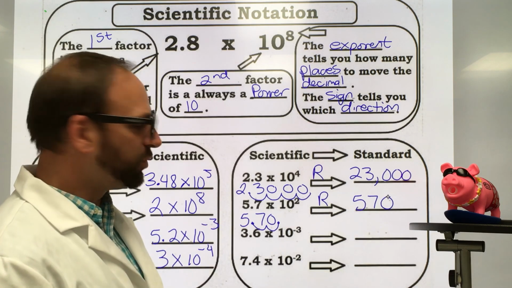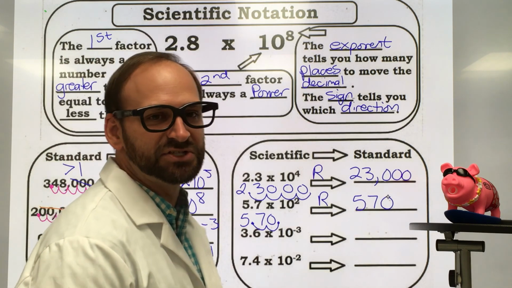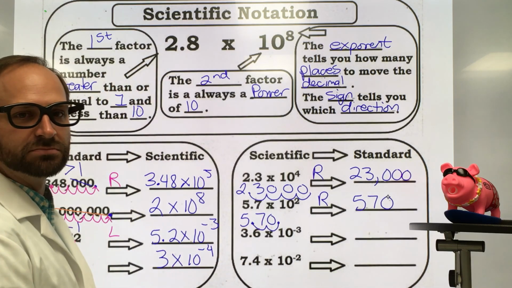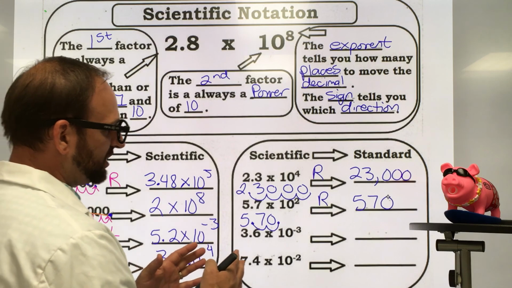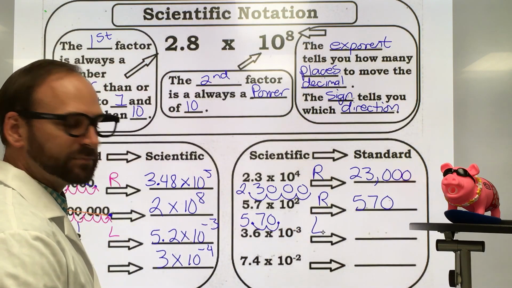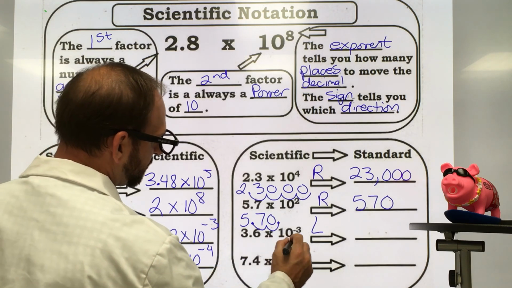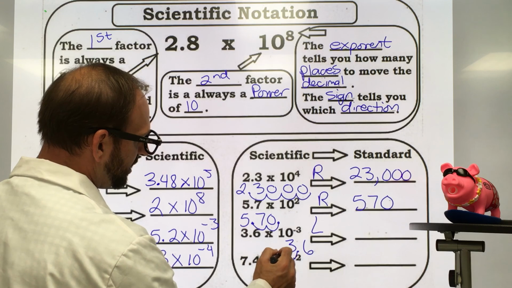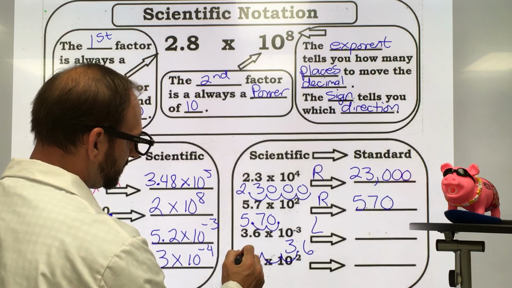Our next example, 3.6 times 10 to the negative 3. I've got a negative exponent. Remember, a negative exponent is going to tell us to move the decimal to the left. And so I've got 3.6, and I'm going to start moving 1, 2, 3.